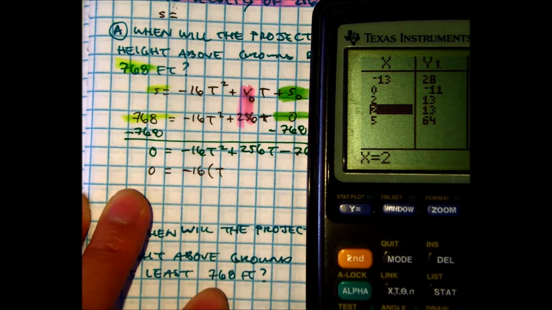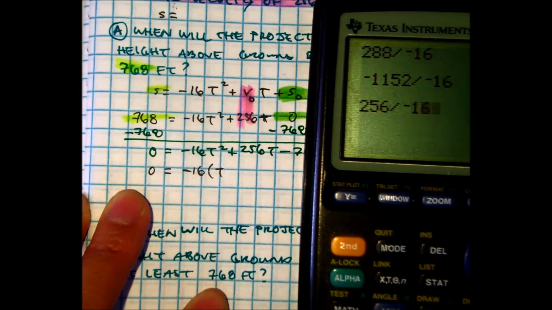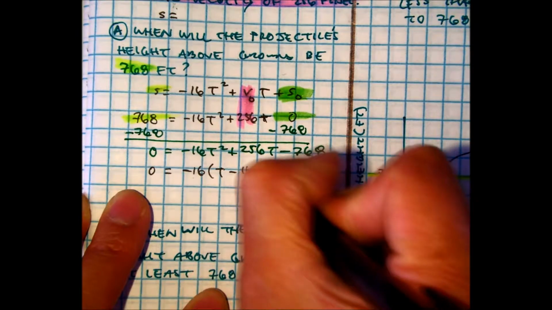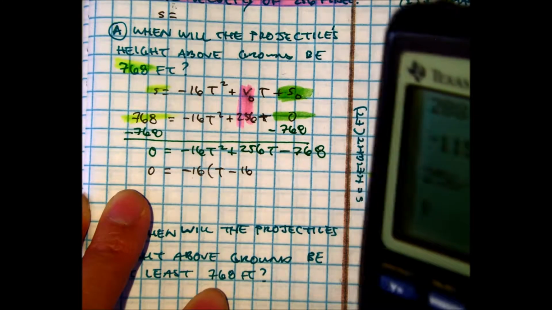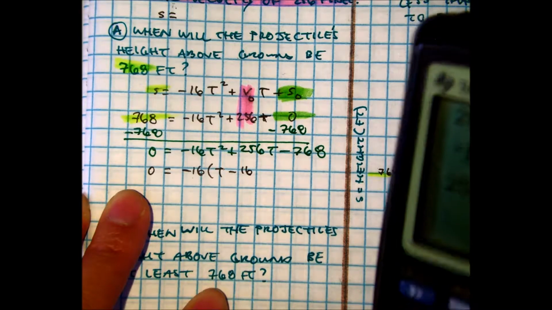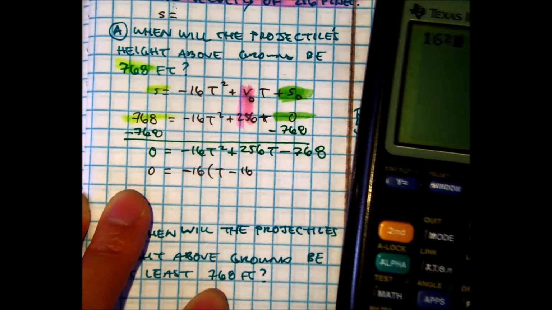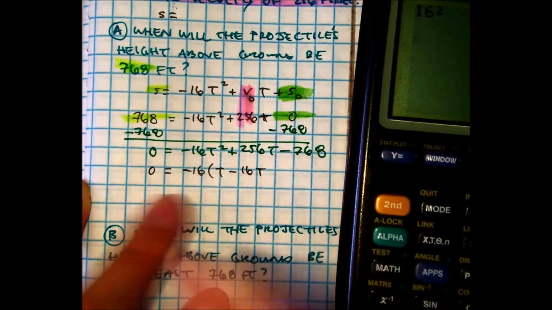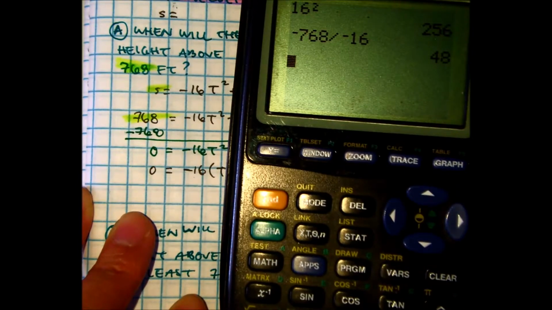Negative 16 goes into 256 negative 16 times. And how many times does negative 16 go into negative 768? 48 times.